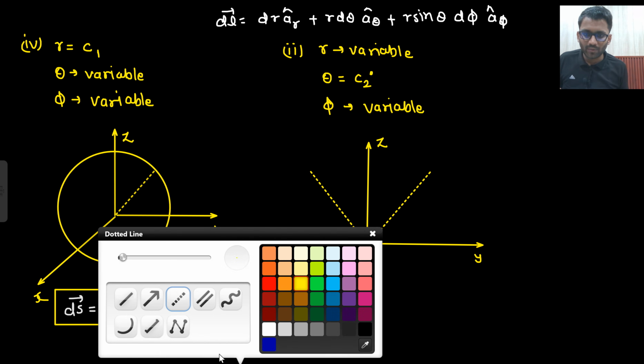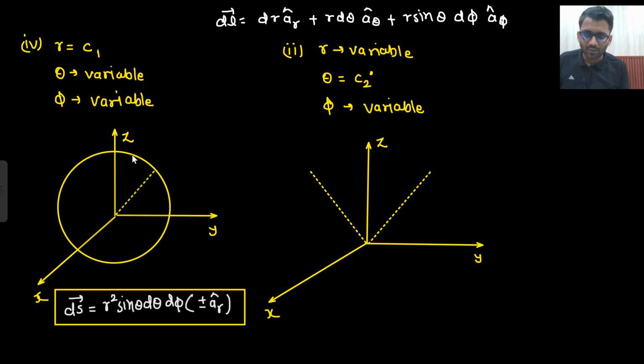So how am I going to show it? I am going to show in this manner that my theta is varying in all directions, in this direction as well. This is a sphere, so my theta is varying like this as well, and like this as well.